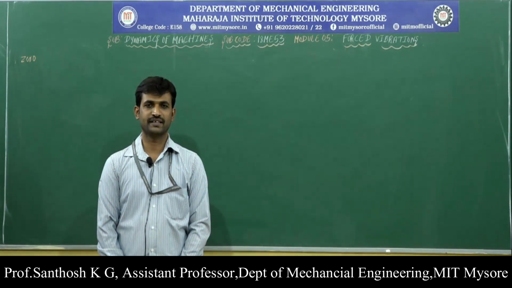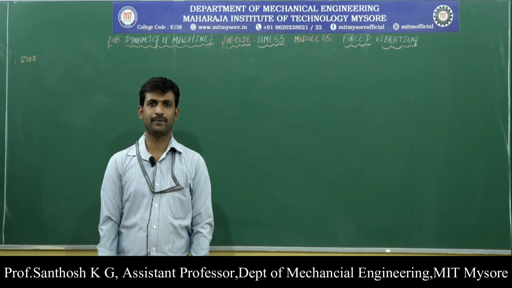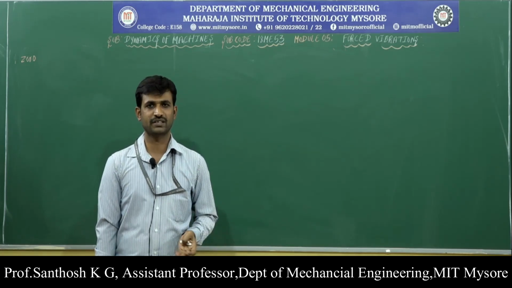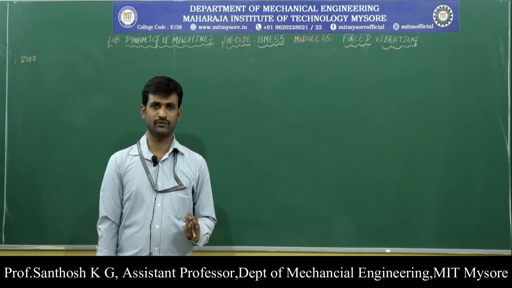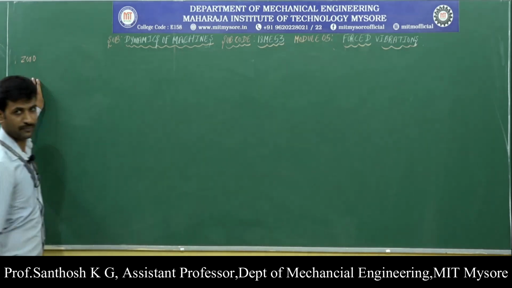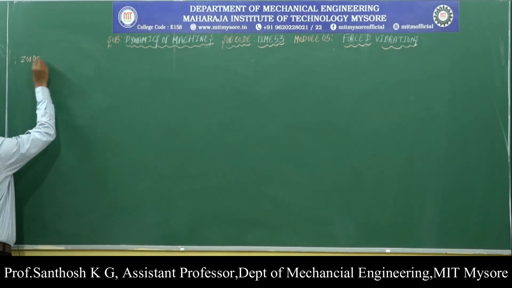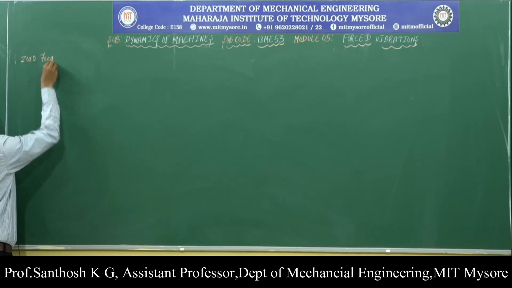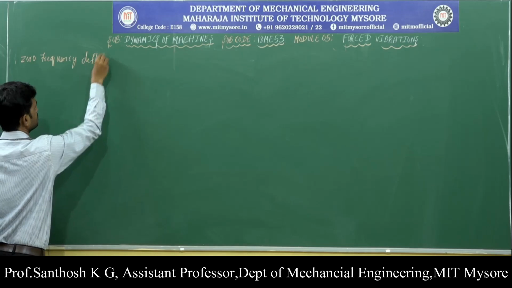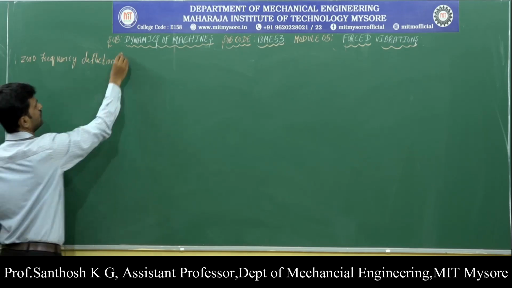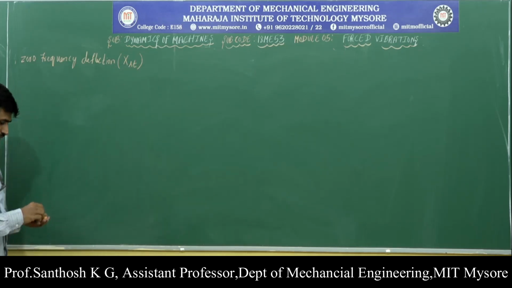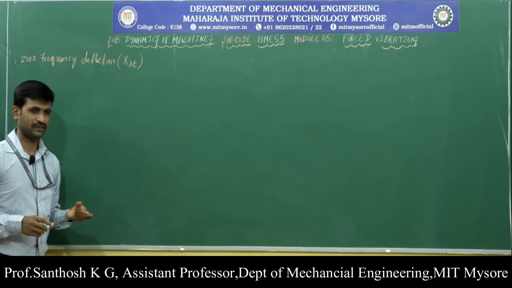After expressing the steady state amplitude and the phase difference phi in non-dimensional form, now let us define a few more terms. Among them, the first term is zero frequency deflection. Let us denote it by the term XST, which represents static deflection.